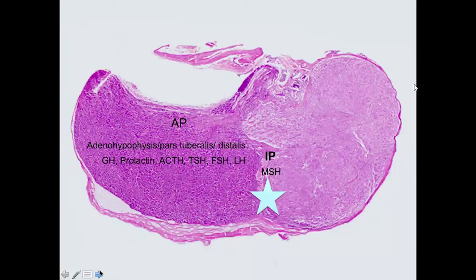Okay. So as a summary, no, we have the anterior pituitary gland. So anterior pituitary gland, as I have said, is known as adenohypophysis. There are 3 pars, the pars tuberalis, the pars distalis, and the pars intermedia. Okay.